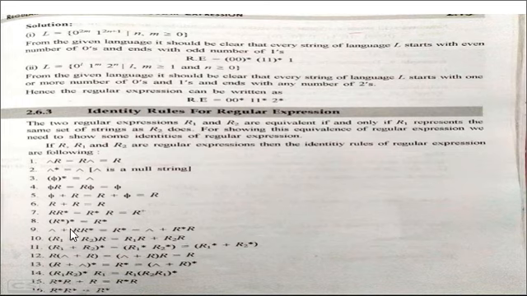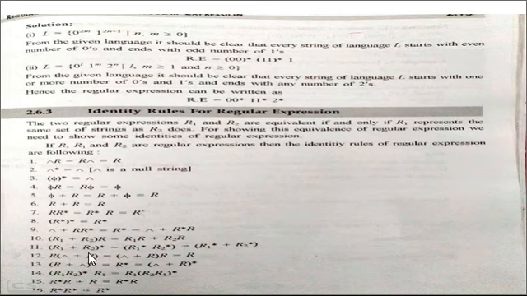Eighth, (R plus) closure equal to R closure. Ninth, null plus R into R closure equal to R closure equal to null plus R closure into R. Tenth, R1 plus R2 into R equal to R1 into R plus R2 into R. Eleventh, (R1 plus R2) closure equal to (R1 closure plus R2 closure) closure.